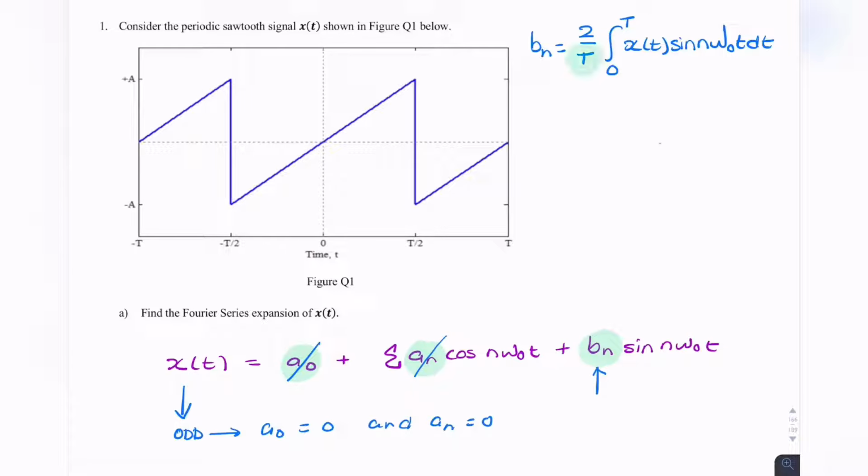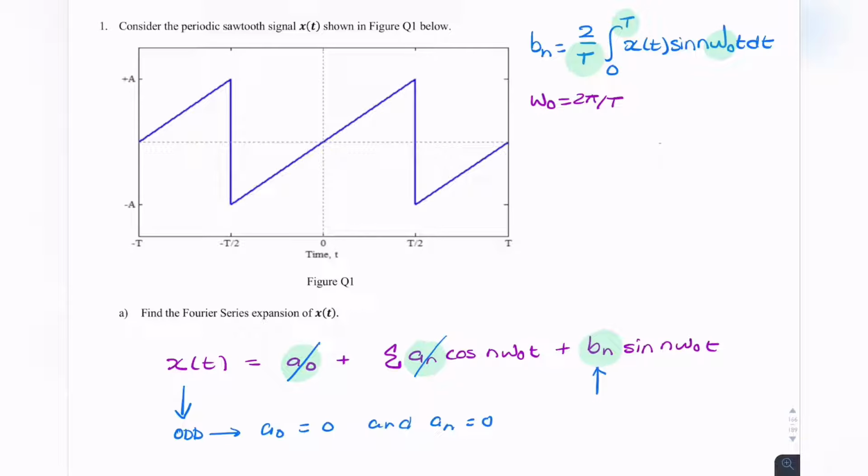So T is some constant that we need to find, and omega naught is also some constant that we need to find. That's easy. We can find omega naught as a function of T because it's simply 2 pi over T.